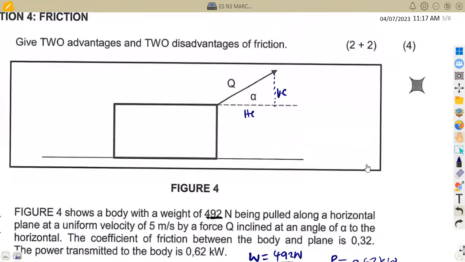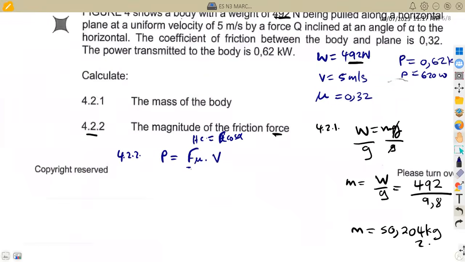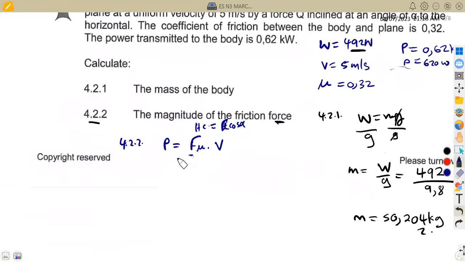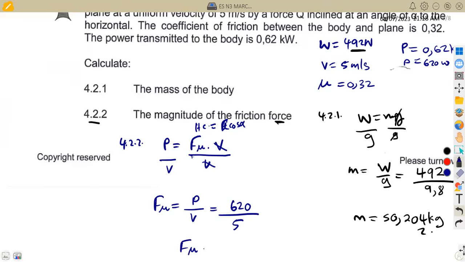The horizontal component is the frictional force, so we divide by V both sides, because we have power and velocity. Our frictional force is going to be power over velocity, which is the power of 620 watts or 0.62 times 10 to the power of 3, everything over the velocity of 5 meters per second. So we are going to have our frictional force.